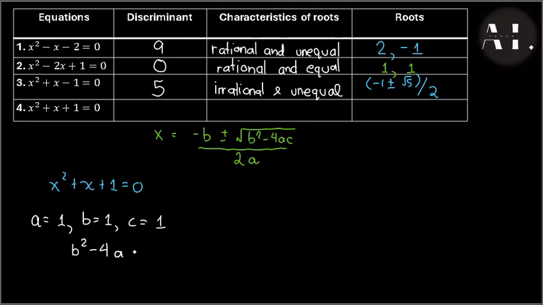B squared minus 4ac will give us 1 squared minus 4 times 1 times 1. 1 squared is equal to 1. The product of 4 and both 1 will give us 4. This yields a negative discriminant. So the roots will be imaginary.